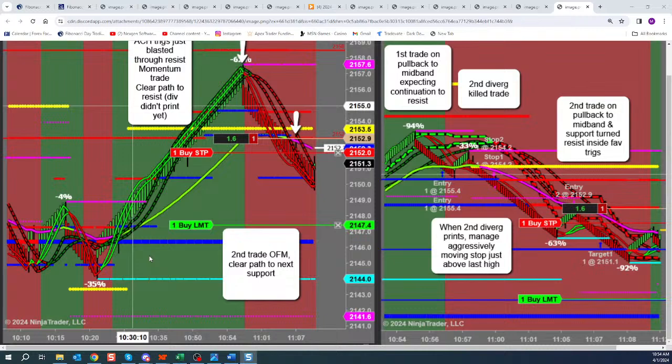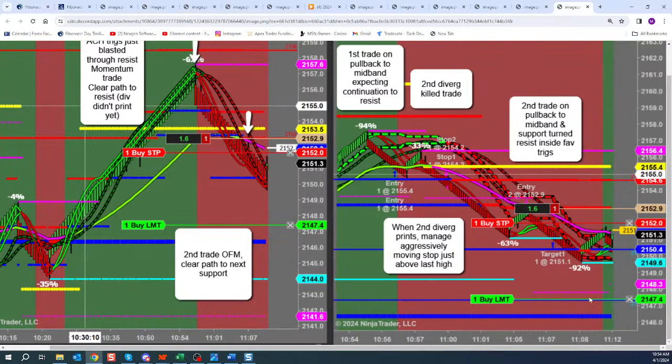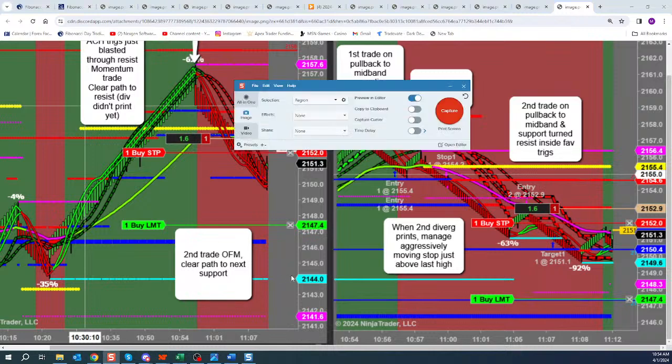And I like that you guaranteed profit. But the difference between exiting at 50.4 and 52, that's $160 worth of profit. That's a lot of money. And this is one of those things, and guys, I'll never tell you how to manage your trades.